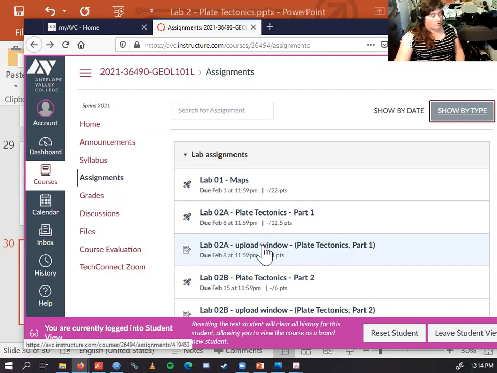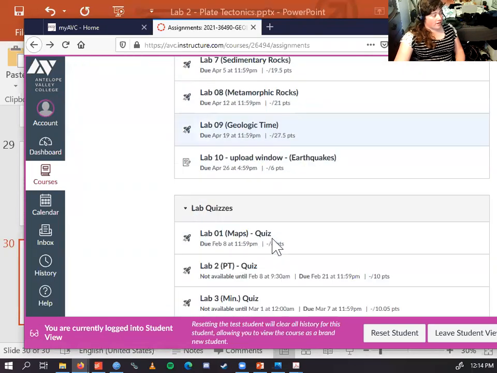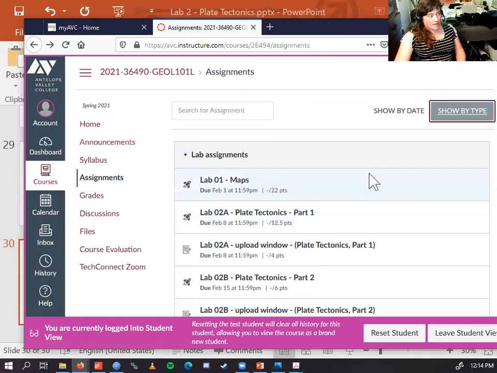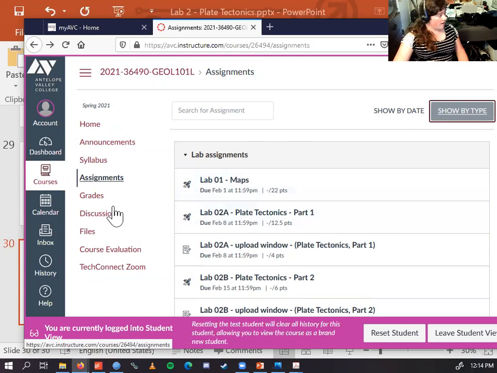That's how you're going to upload your completed map drawing. And then if you scroll down here, lab quizzes, that's where these are. So don't worry about this one yet. After we finish plate tectonics, there'll be another quiz on that. But this Lab 01 Maps quiz is the one I want you to finish for next week. Does that make a little more sense? Yes. Okay, cool.